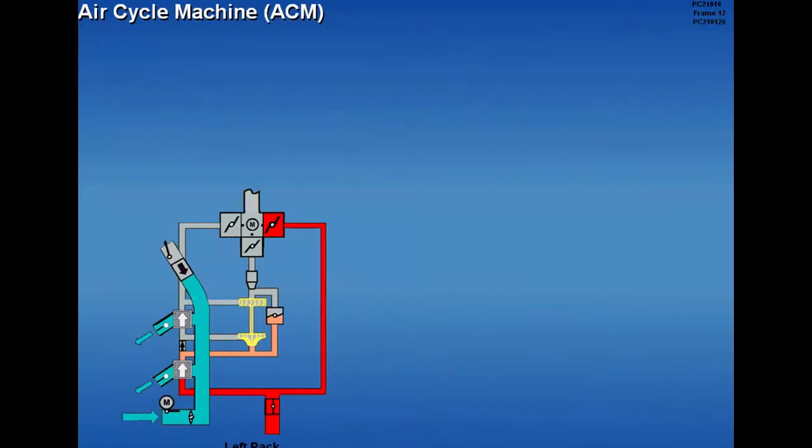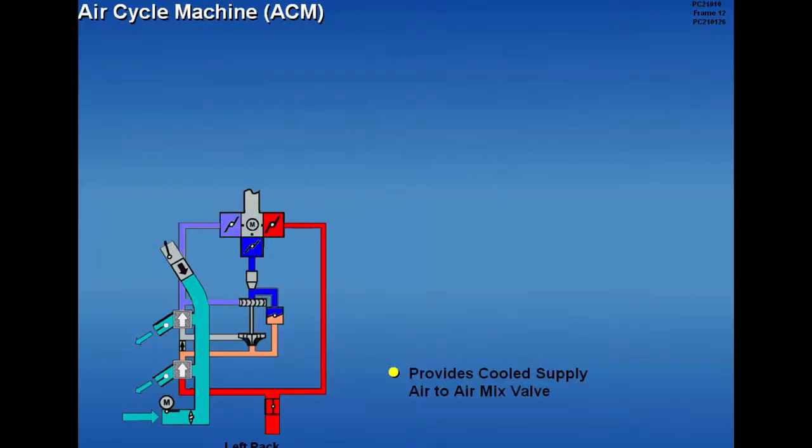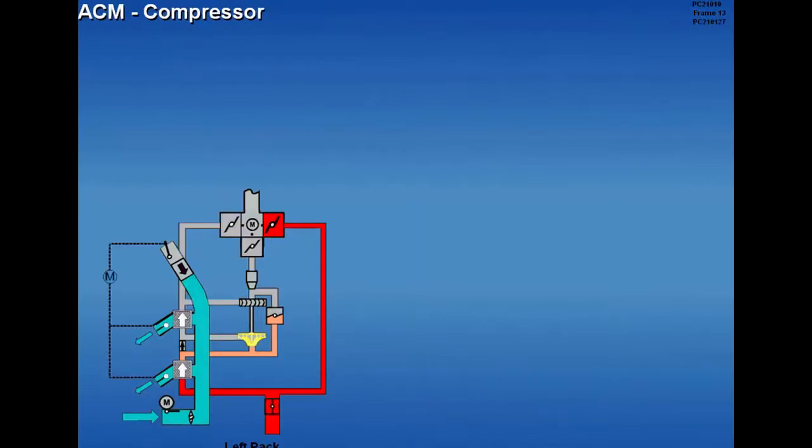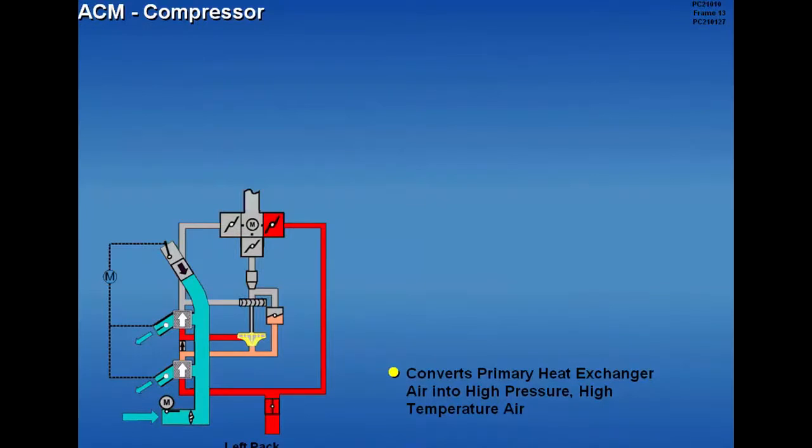The air cycle machine, through a process of compression and expansion, provides cooled supply air to the air mix valve. The ACM compressor converts warm air from the primary heat exchanger into higher pressure, higher temperature air.